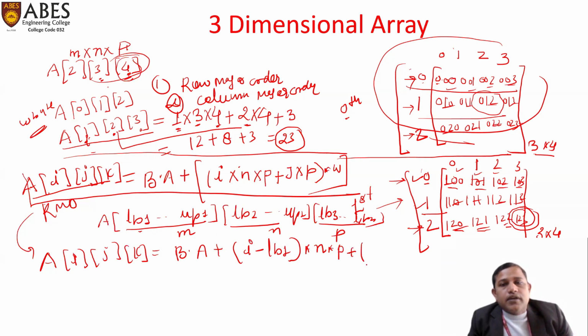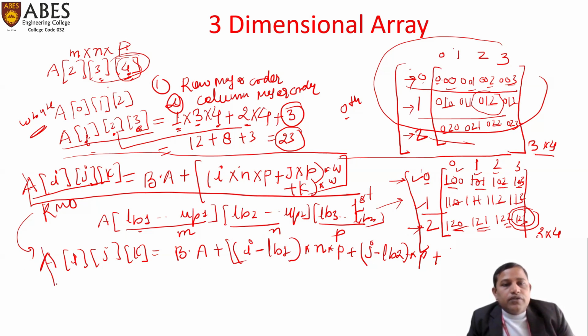plus j minus lower bound 2 into p, plus, here I have missed the k, here it is plus k also, k minus lower bound 3, then multiply by w, the size of one element.